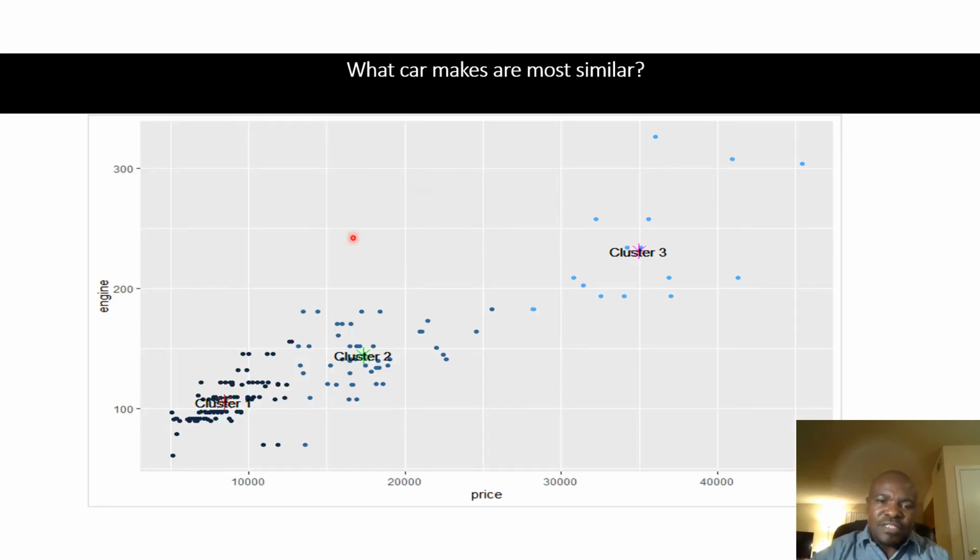Then finally, the last question, which was what car makes are most similar. I tested and answered this question using k-means clustering, and I chose two variables, the engine size and the price. When we look at the clusters, we can see that cluster 1 is made up of cars that have a small engine size and lower prices.